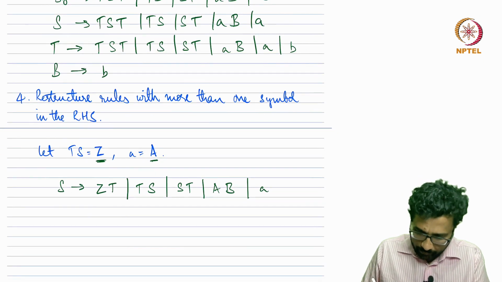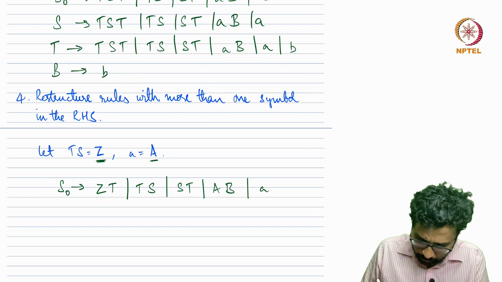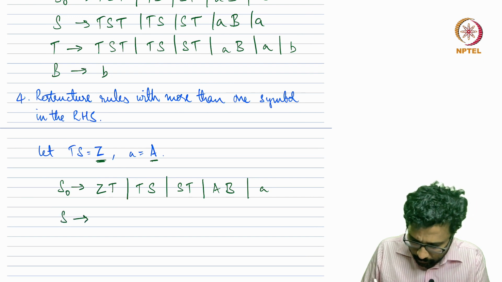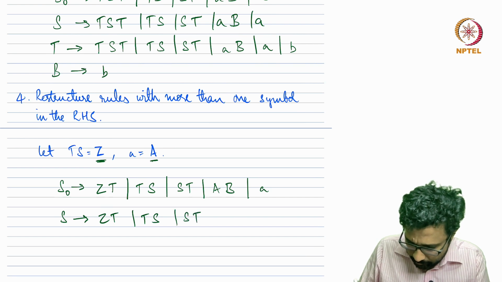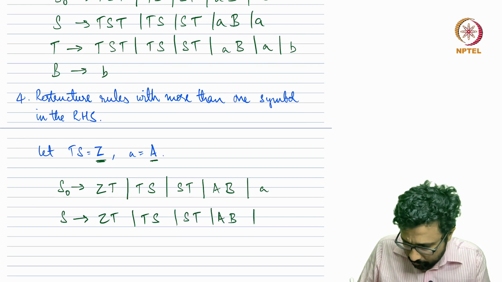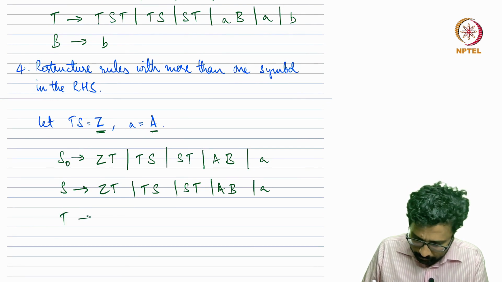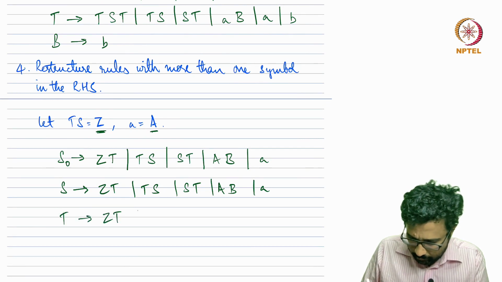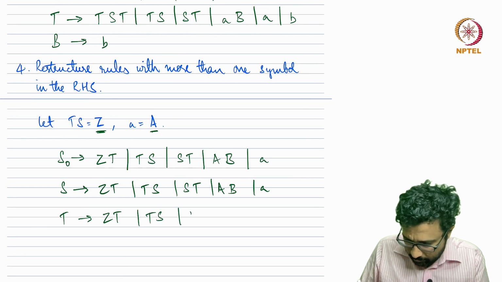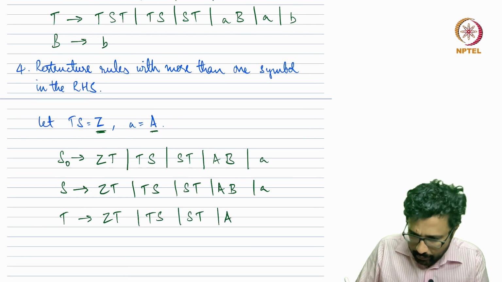And this is S0. Similarly, S also we do the same thing. T also we do the same thing. For T we have one more rule.